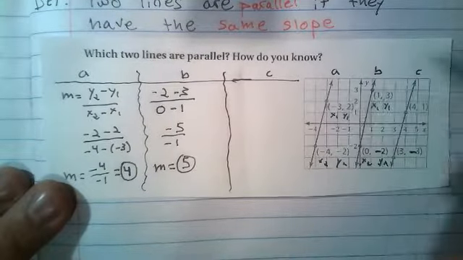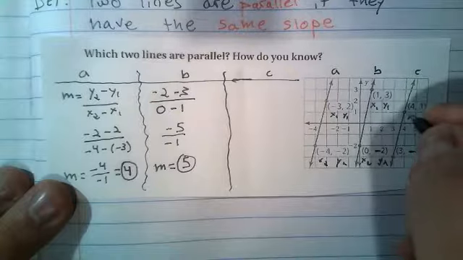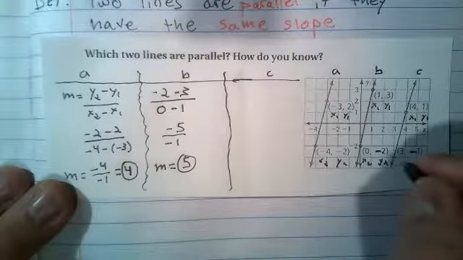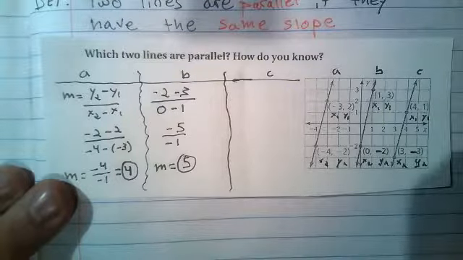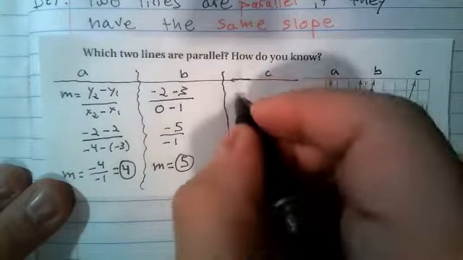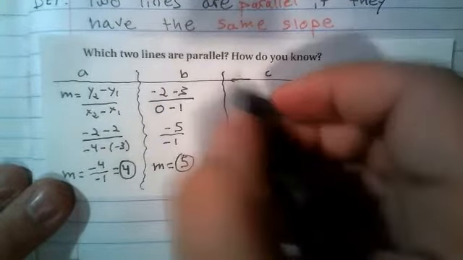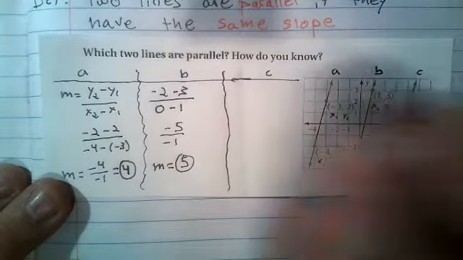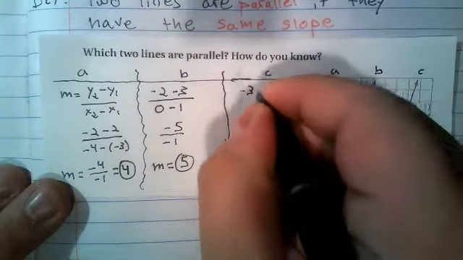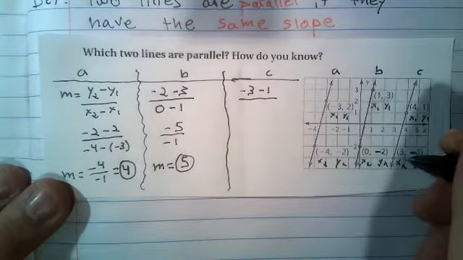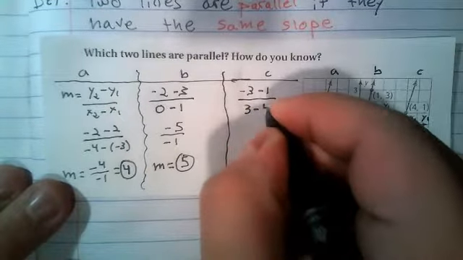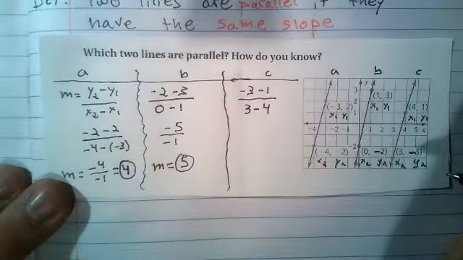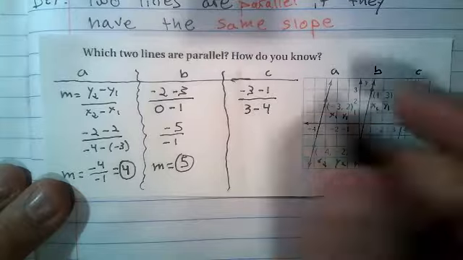And for C, we've got an x1, y1, x2, y2. So when we put that into our slope formula, we're going to have negative 3 minus 1 over, right, that's y2 minus y1, over 3 minus 4. Reduce that.